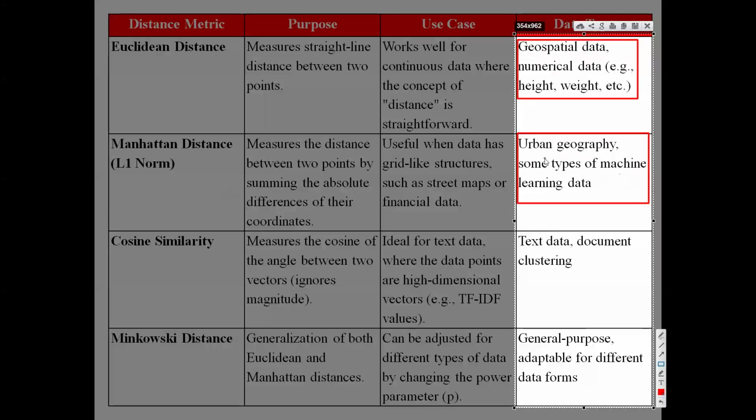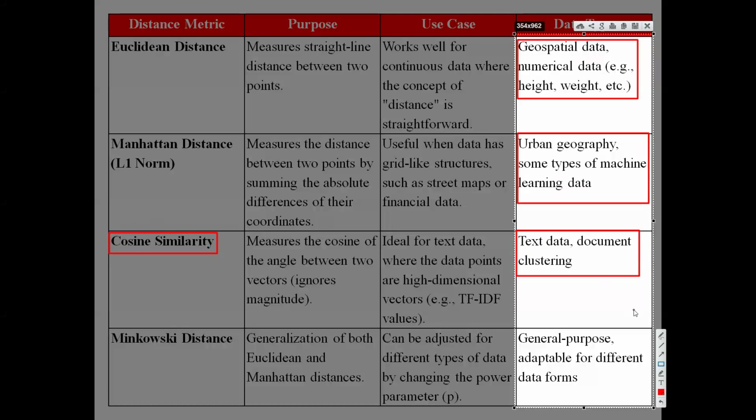If you are working on a text data set, a sentiment data set, in that case cosine similarity. Because on text data sets generally we do not implement Euclidean distance.